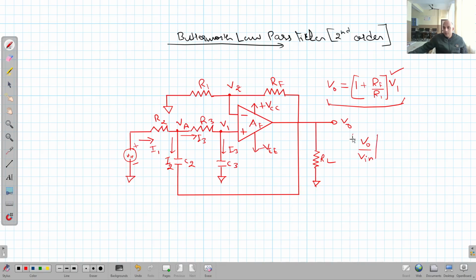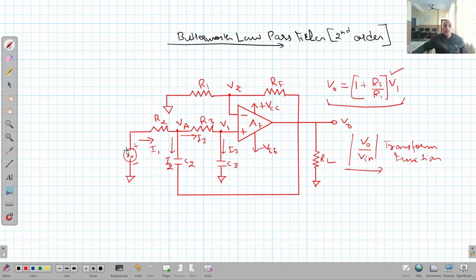This is the transfer function for this particular circuit. This V output upon V input magnitude will tell us about the frequency response of this circuit, that how the different frequencies pass through this circuit, right?